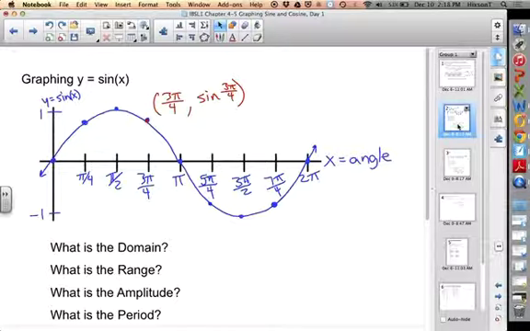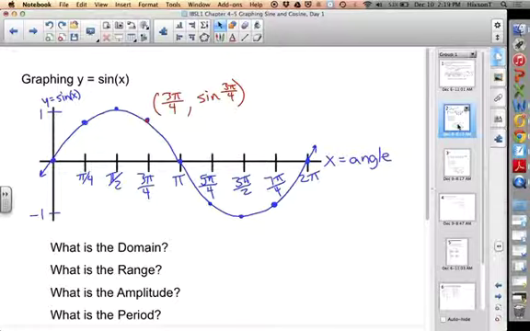I'm graphing the points now, not as points on the unit circle, but I changed my x-axis to represent the angle that I'm taking the sine of, and the y-axis gives me the value of sine at that angle. So when the angle is 0, sine equals 0, so I hit the origin.